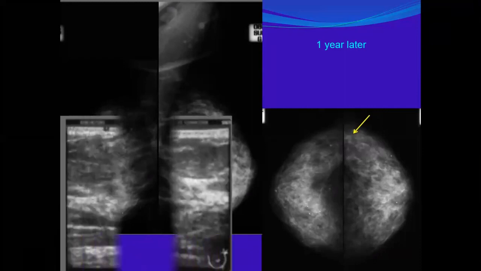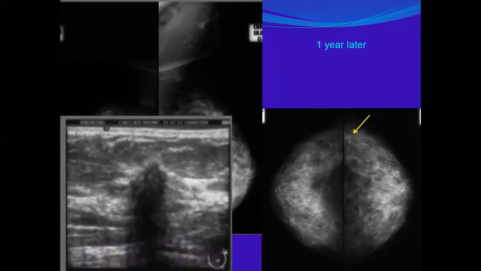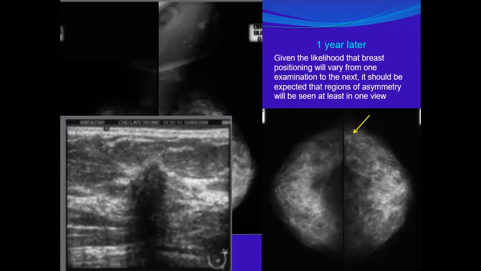That results in some change, but the finding was there, it is present since it is seen in at least one view. So we have to go further, and the ultrasound demonstrated a suspicious mass proven to be malignancy.